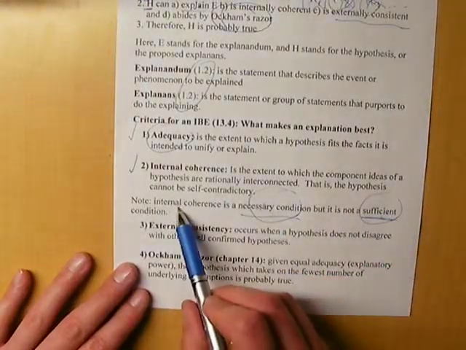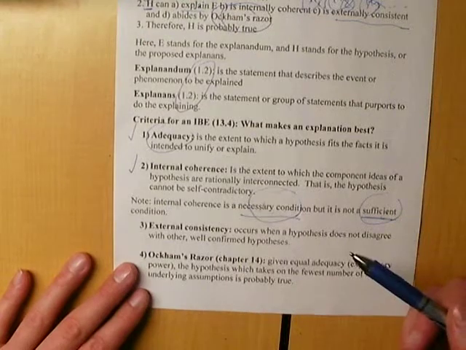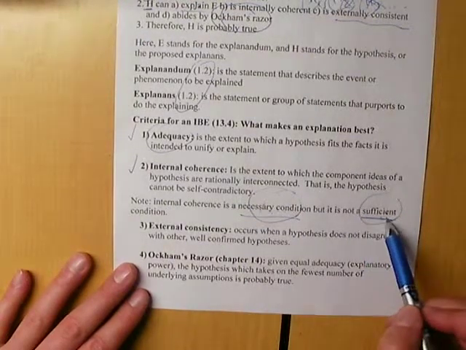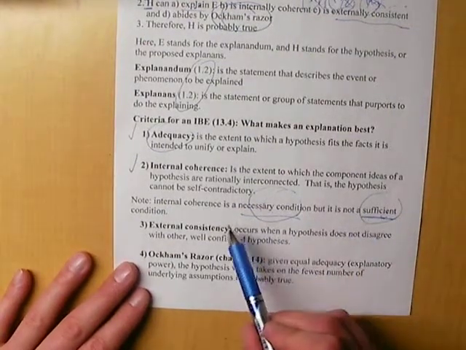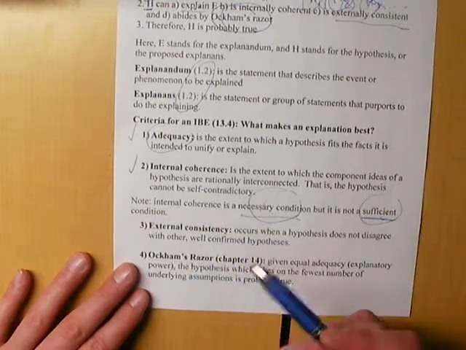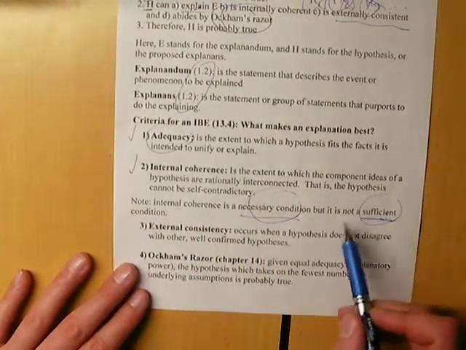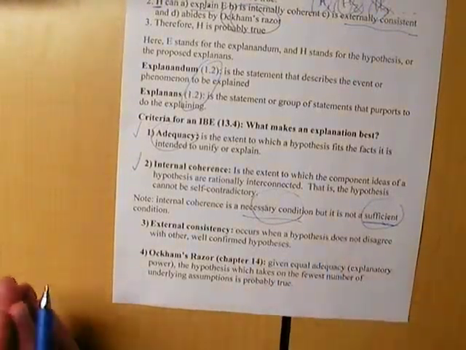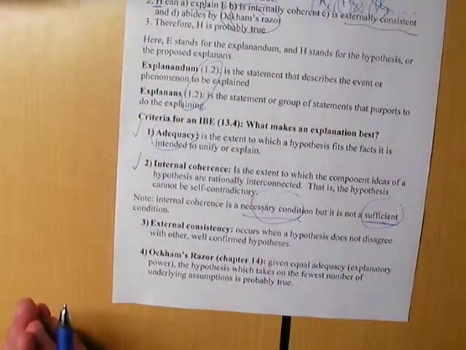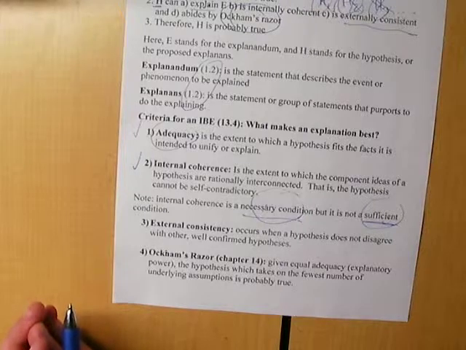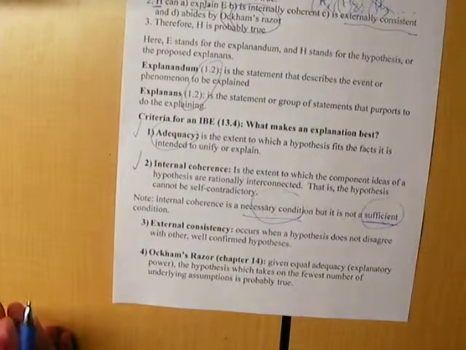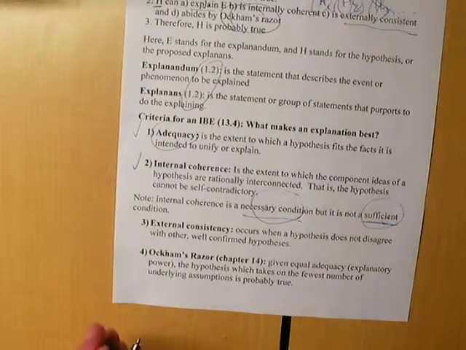Again, internal coherence is a necessary condition for truth, but it's not sufficient, which is to say, you can read about this more in the lecture notes, but that's to say that if a hypothesis is internally consistent, it doesn't necessarily mean that it's true. Just because it's internally consistent doesn't mean that it's true.